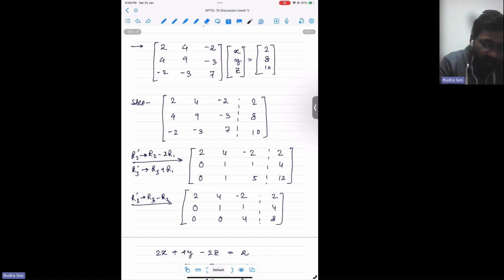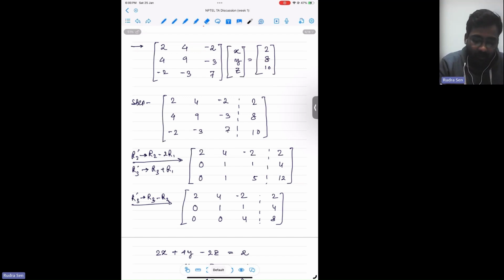But keep in mind that whenever you choose the first row, the first element of the first row should be non-zero.